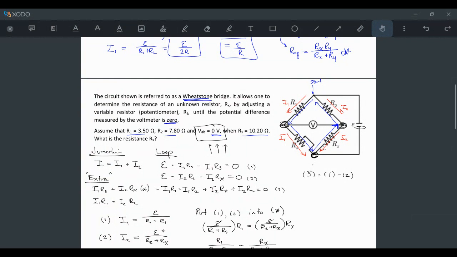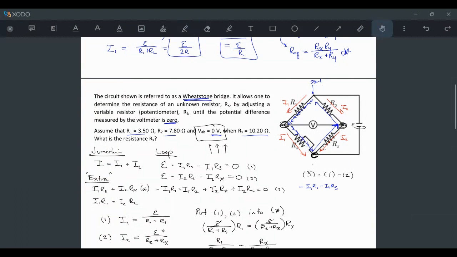So we start here. You could imagine we're moving down here. We encounter this resistor. We're moving in the same direction as I1. The potential will drop. That's what the negative's for. So we have I1, R1. Same thing. We can keep going. We turn the corner and we hit RS. We're moving in the same direction as I1 still. So there's a potential drop I1, RS.